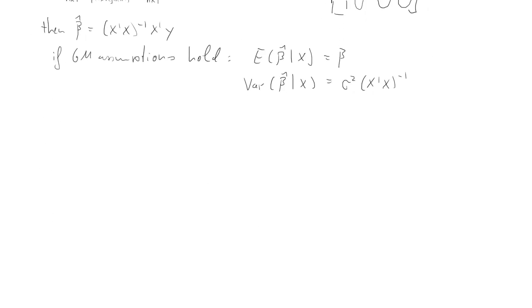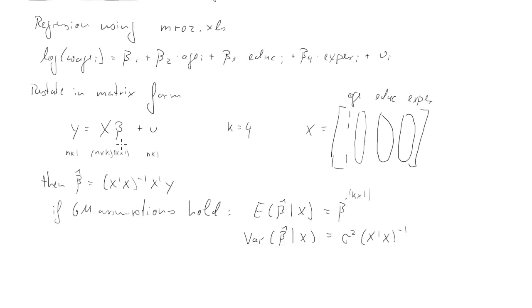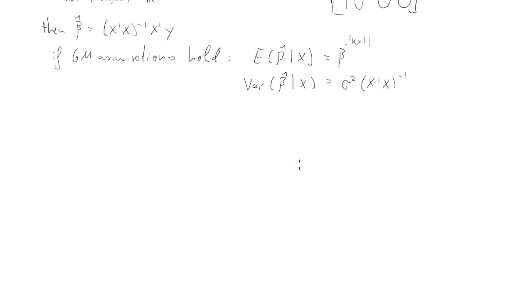Before we continue, I want you to understand the dimensions here again. This β is going to be k by 1, and therefore we should estimate k parameter values. What about the variance of β hat?